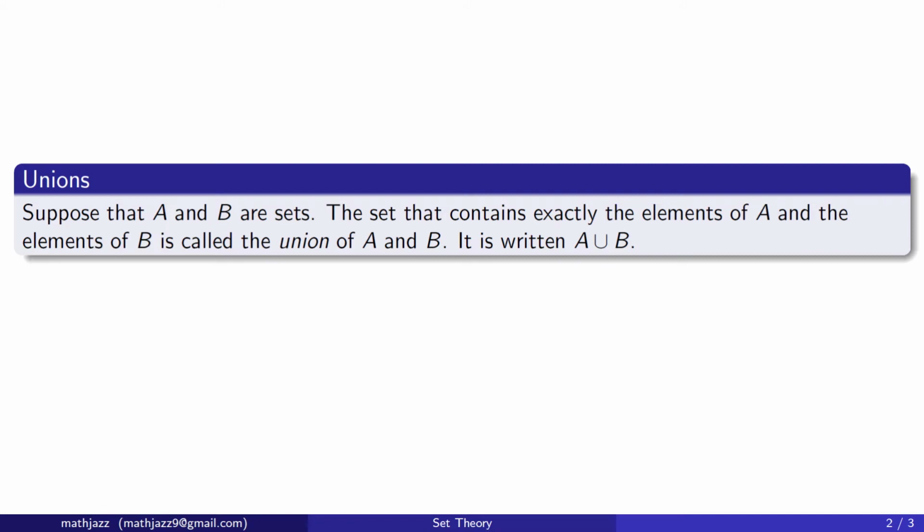It's automatically assumed when you say A or B that both of them might be happening at the same time. Exclusive or is the term for what we usually mean in English. In English, exclusive or means one or the other and not both. And in math, the usual or is inclusive. It's one or the other or both.